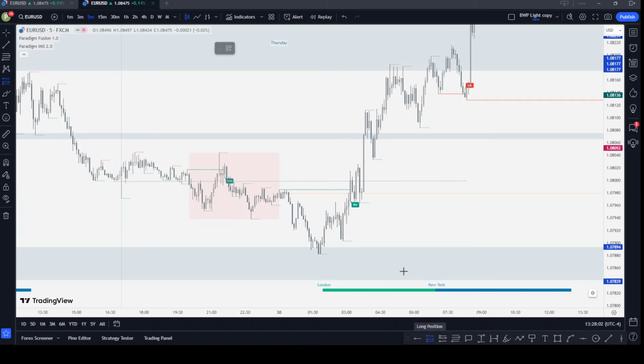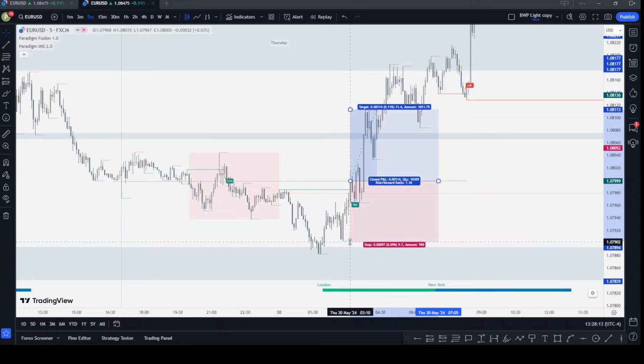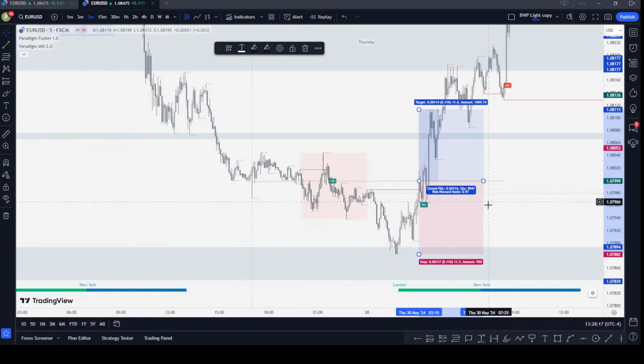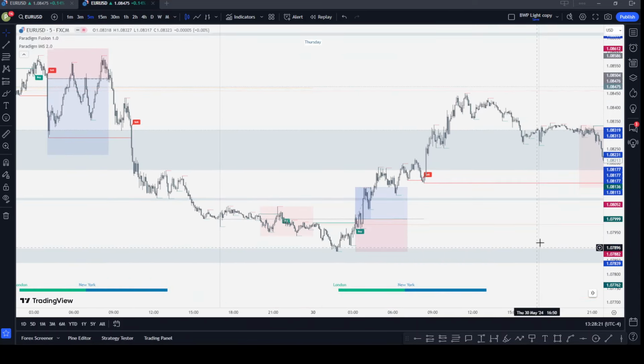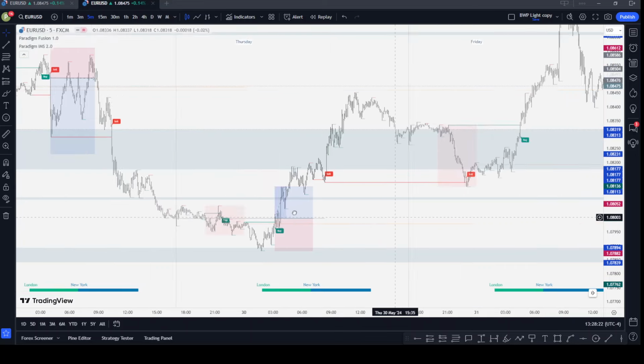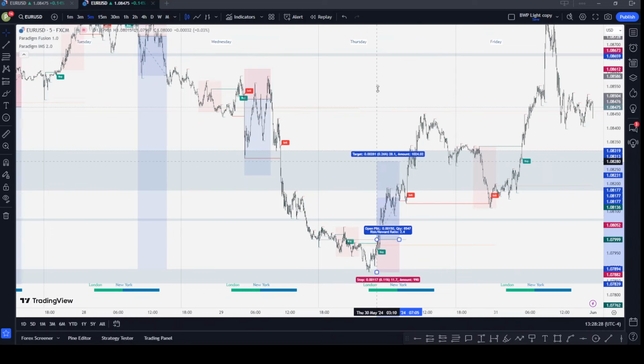So if you go long immediately, you have your confirmation. This is the intermediate time low. You can place your stop loss right there, or right here. And remember, what do you want to target? You want to target the new week opening gap that is above it.